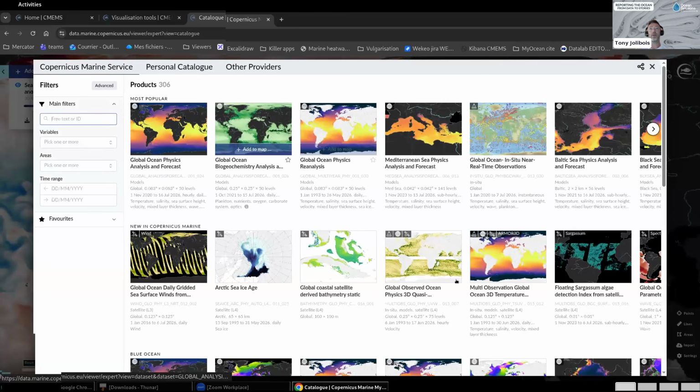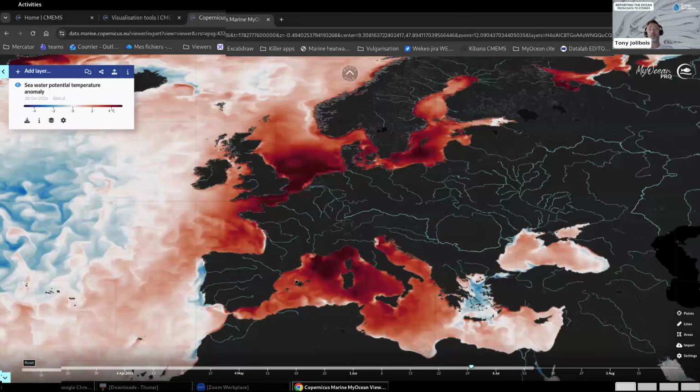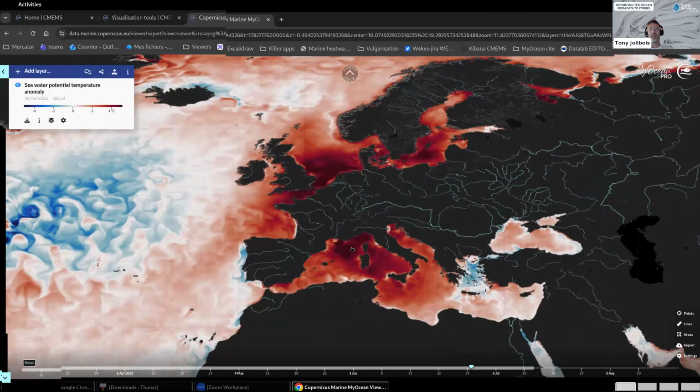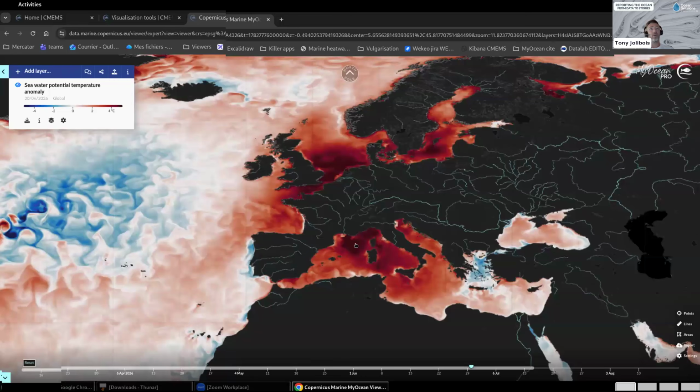And if you click on Add Layer, you can choose among the more than 300 products in the Copernicus Marine catalog. I won't go into the details of this catalog since I don't have the time for the moment.